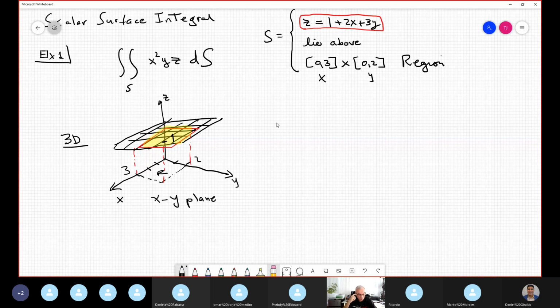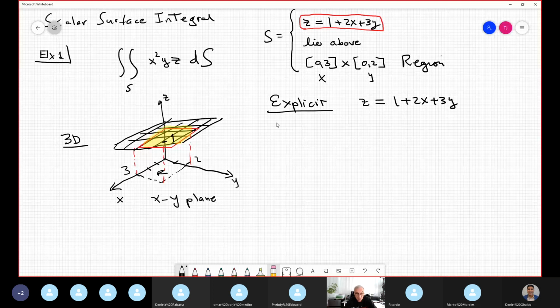Okay, we are using this explicit formula, where you have already isolated Z. You always start with the equation for the surface, in this case totally explicit.